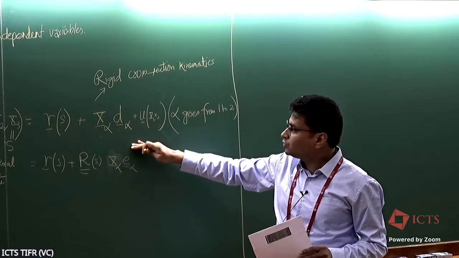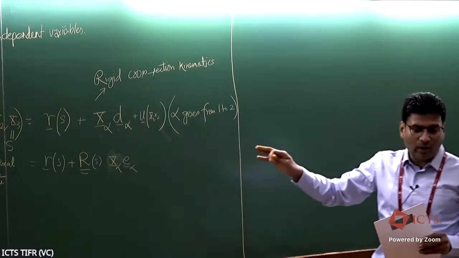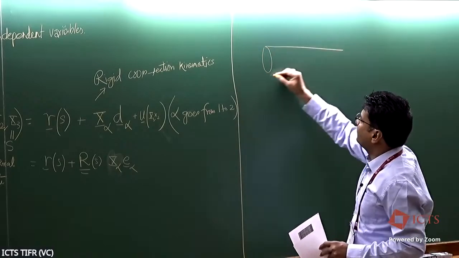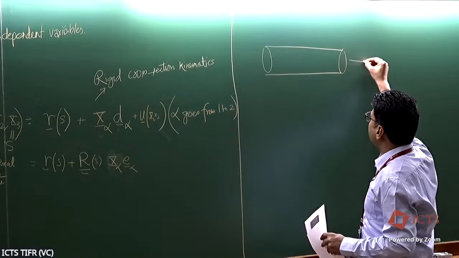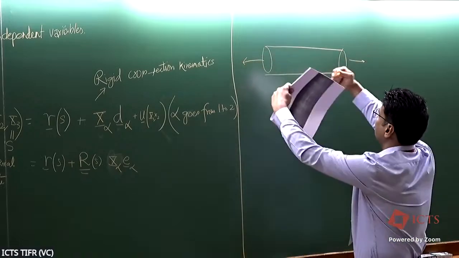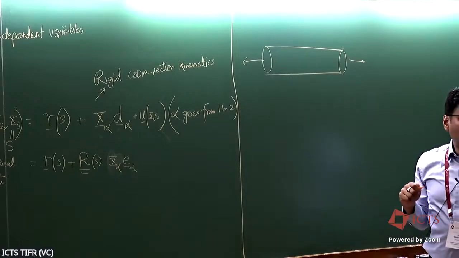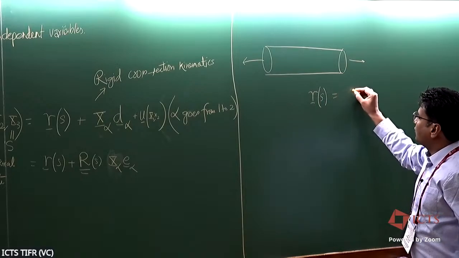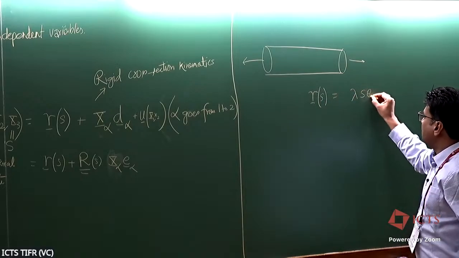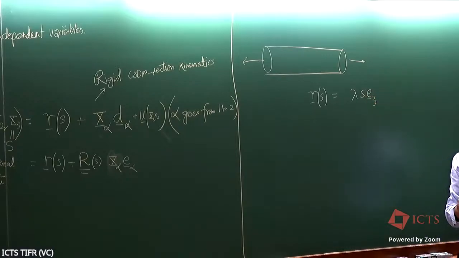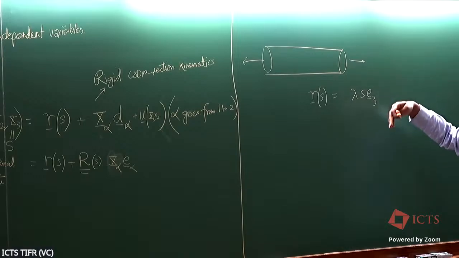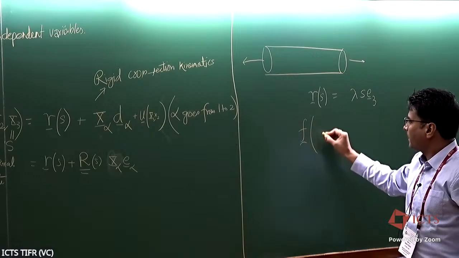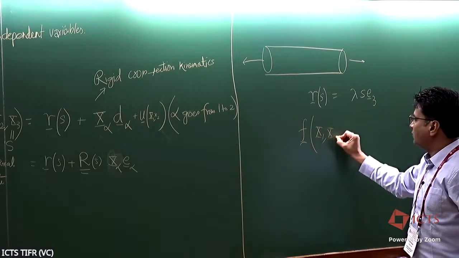But why do I say that? Suppose you have a beam, or a rod, and you are stretching it by lambda. So your little r of S is going to become lambda S E3. What happens to the cross-sectional variables? What is the underlying deformation map, little f, of x1, x2, and S?